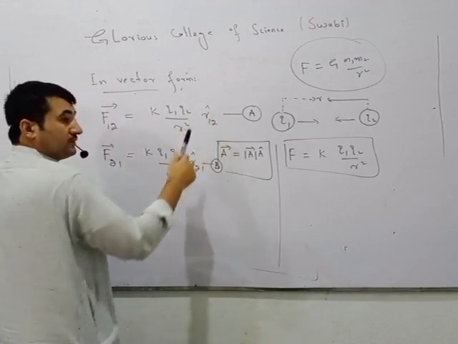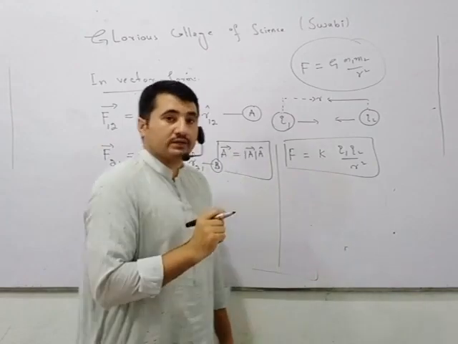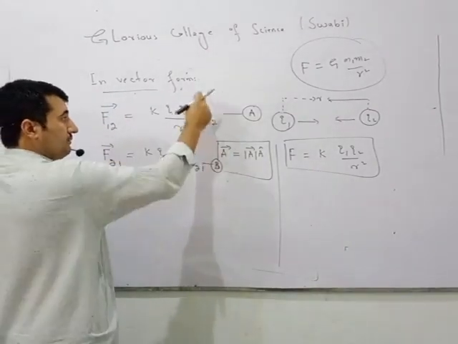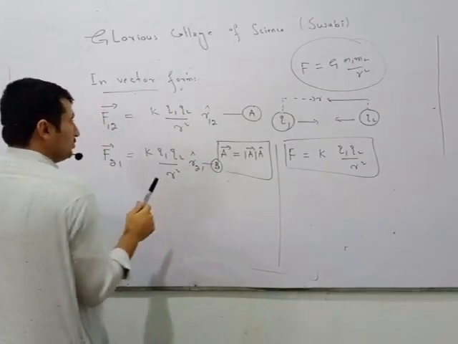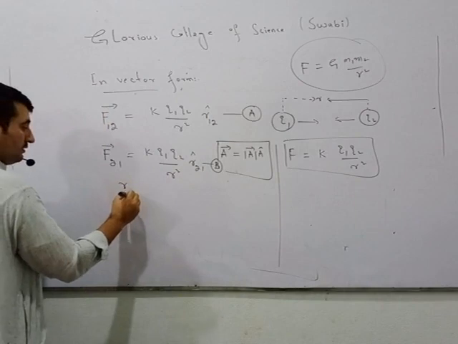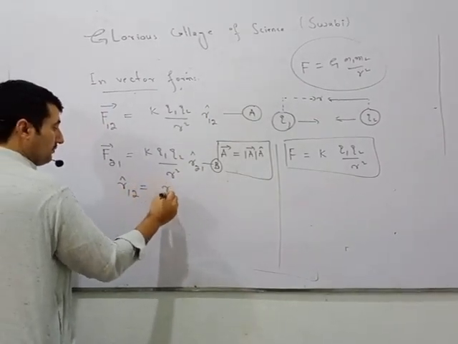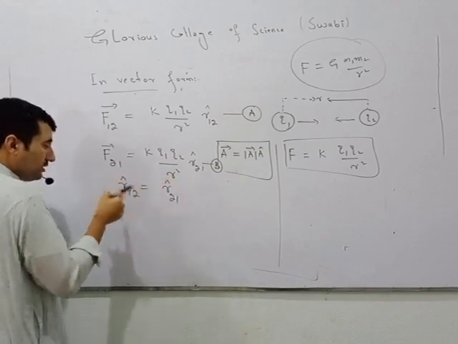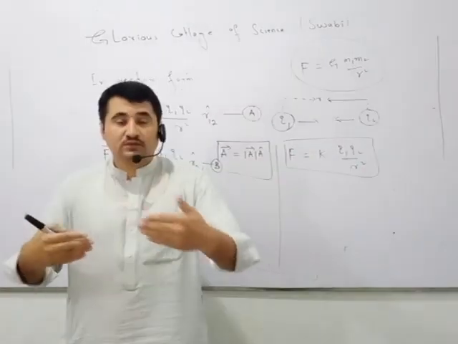R12 is a unit vector having magnitude 1. It only gives you the direction. So this is a unit vector, this is a unit vector. Both have equal magnitude, that is, unity. So remember, these two unit vectors are equal in magnitude, but if one force is in this direction, the other force is in this direction.